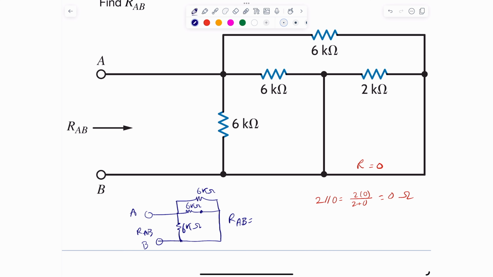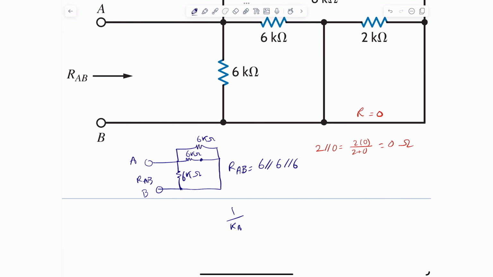just simply 6 in parallel with the 6 in parallel with the 6. So there's multiple ways to actually compute this particular combination. You can just simply say, well, 1 over RAB is simply 1 over 6 plus 1 over 6 plus 1 over 6. And you can just compute what the value of RAB is.